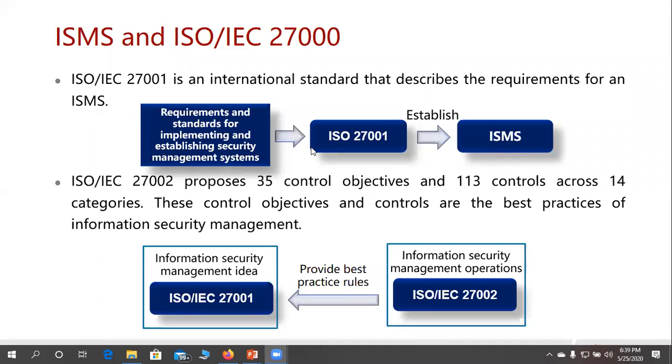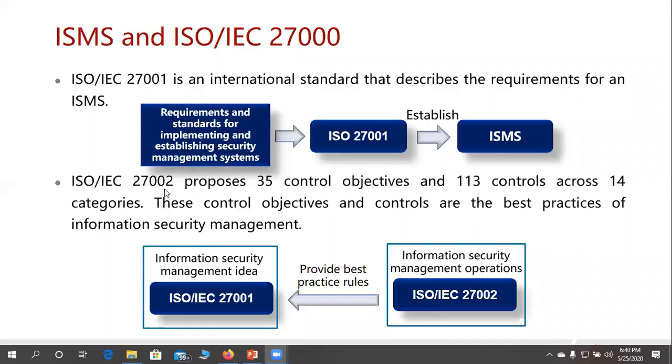Okay? So apart from this standard, we also have other standards like ISO 27002, okay, which deals with information security management operations. And of course, it comes from the ISO 27001.